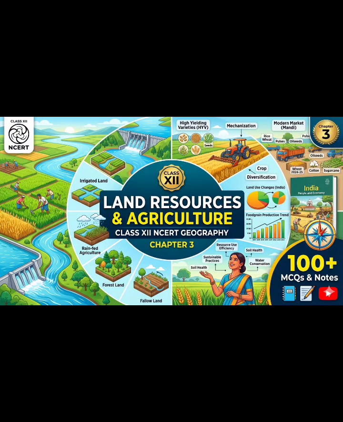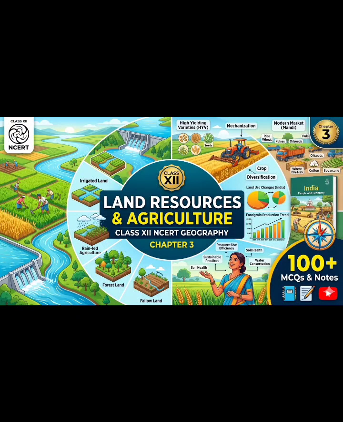Next point is small farm size and fragmentation of land holdings. There are a large number of marginal and small farmers in the country. The average size of land holding is shrinking under increasing population pressure. Furthermore, in India, the land holdings are mostly fragmented.